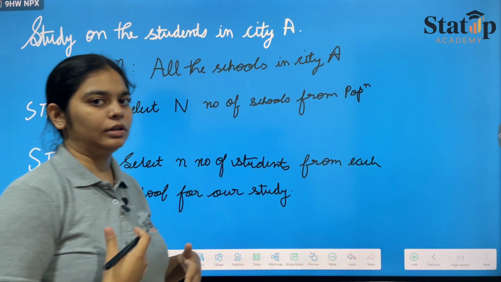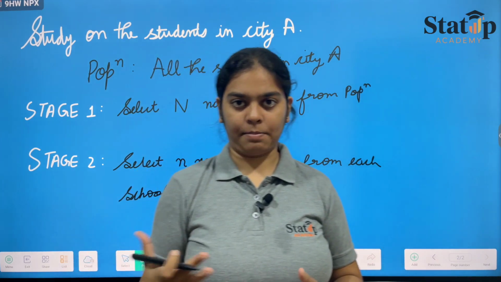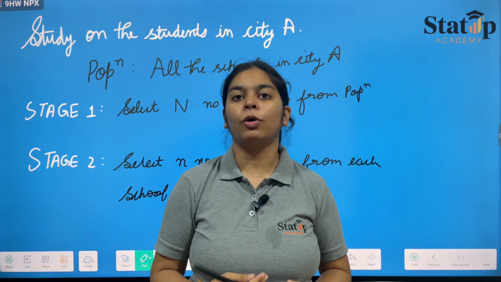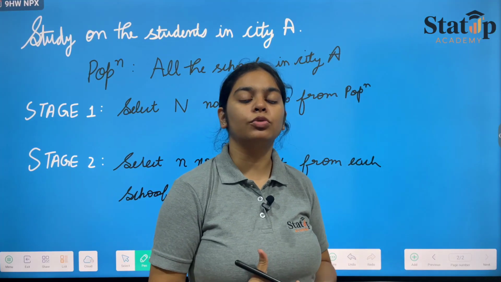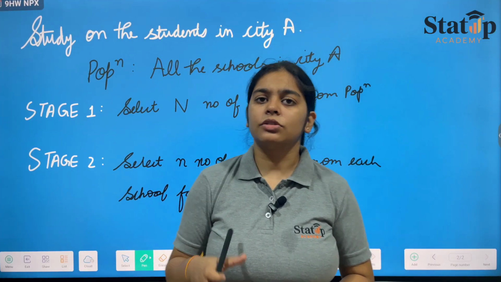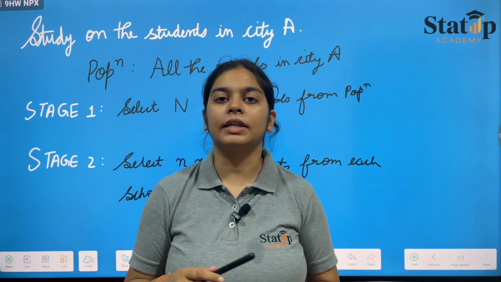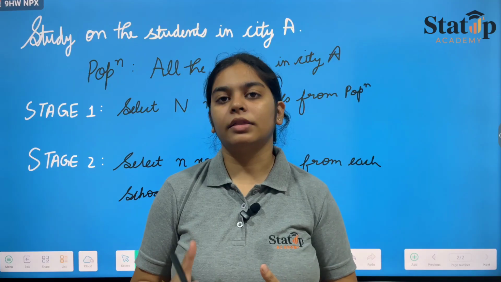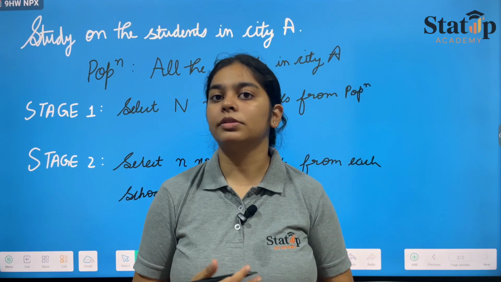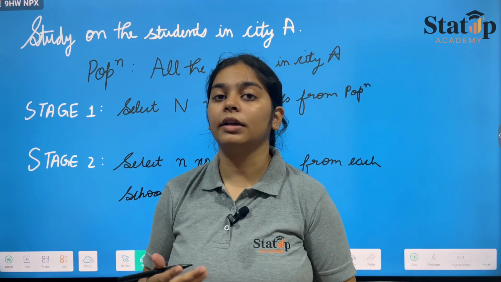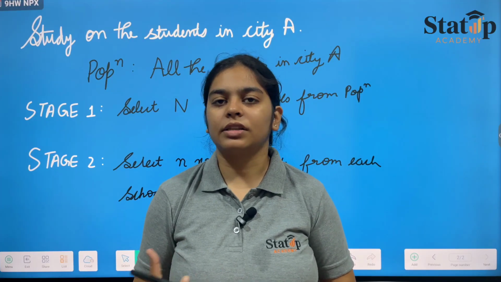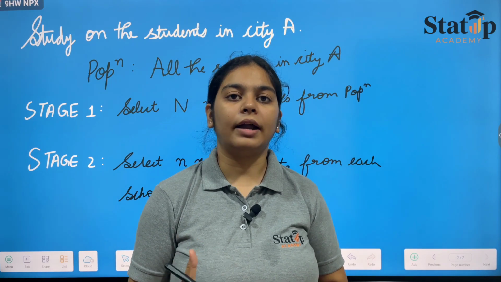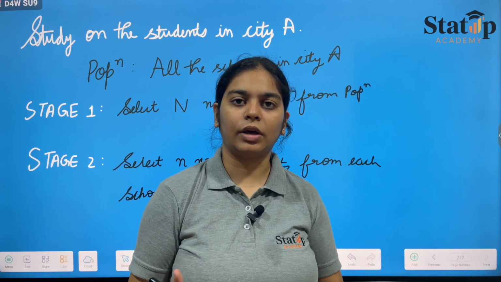I'll rewind what the example says. In two-stage sampling, suppose we want to conduct a study on the performance of school students in a particular city A. In stage one, first of all, we define the population. All the schools in that city are the population, because the study is done in the schools.